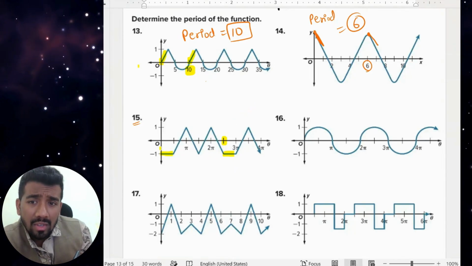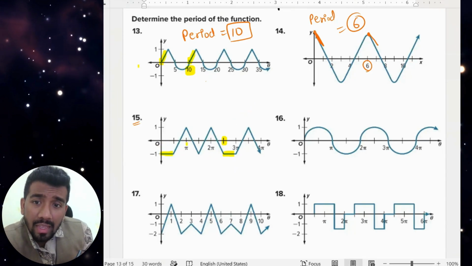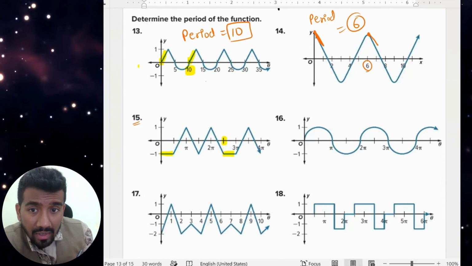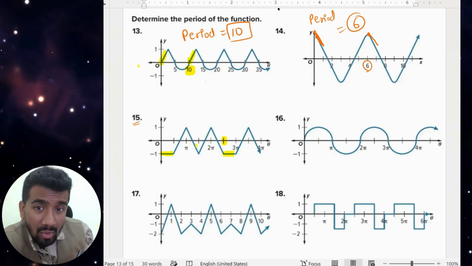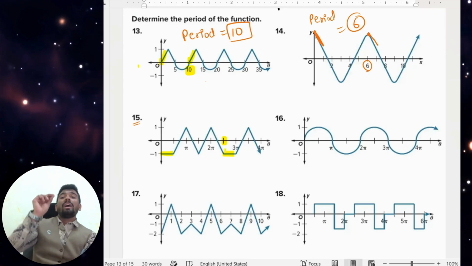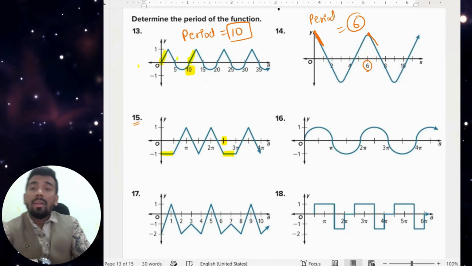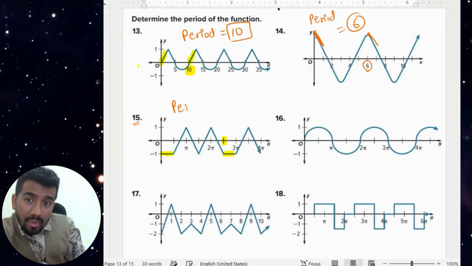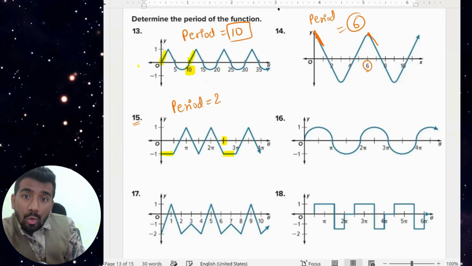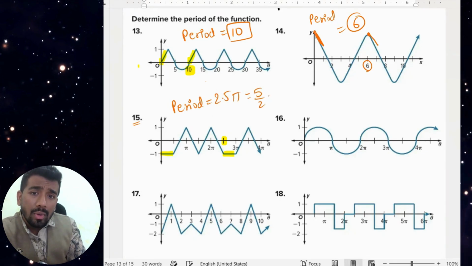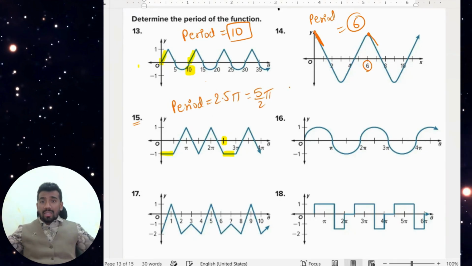It starts from 0, then you have pi, and then the middle one, 0.5 pi, then 1.5 pi, then 2 pi, and this will be 2.5 pi. So the period is 2.5 pi, or I can also say 5 over 2 pi. You see, that's the period.